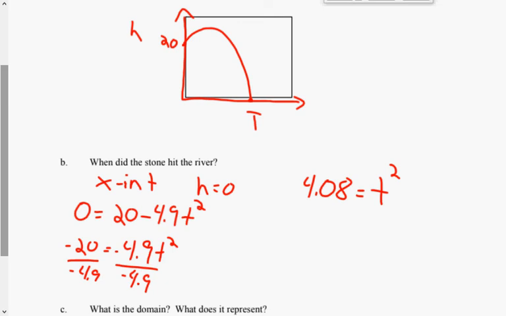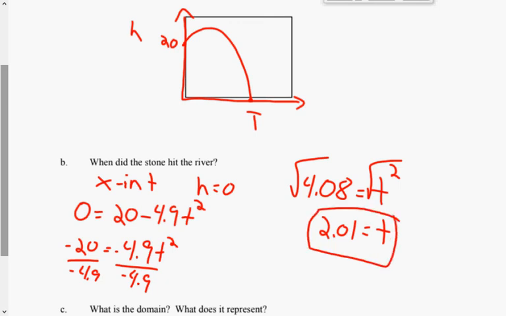You know it's going to be close to 2. Good. Now technically, if I take the square root of something, it could also be a negative value too, right? But is that going to happen here? No. So we know that my time was 2.01 seconds. Does that make sense? Okay.